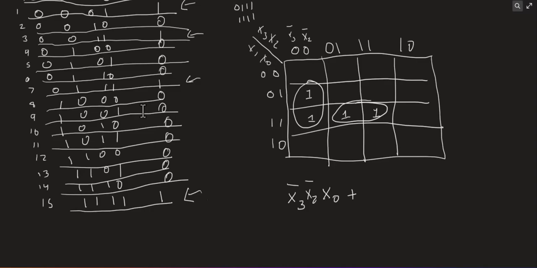Or, looking at this row, x1 and x0 are both 1, and x2 for both of these is 1, so x2, x1, x0. That is the simplified expression that I got. Let me see if that matches.